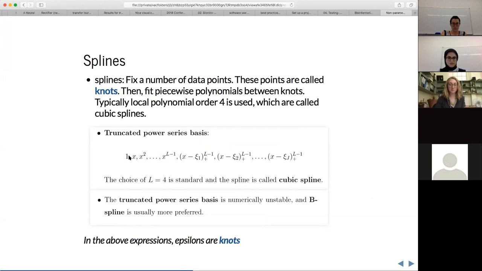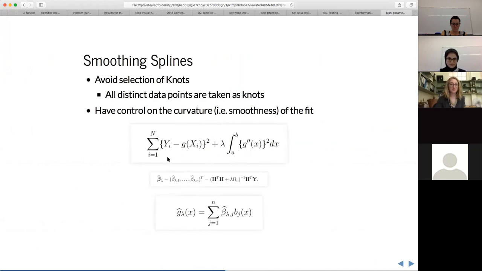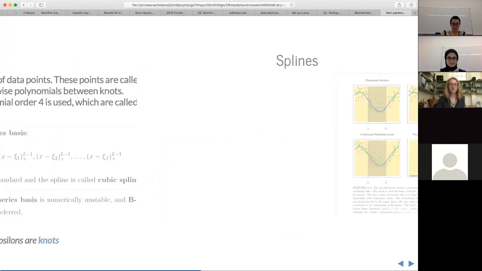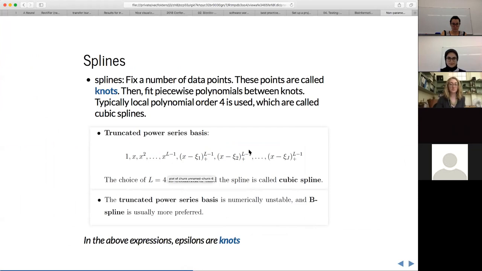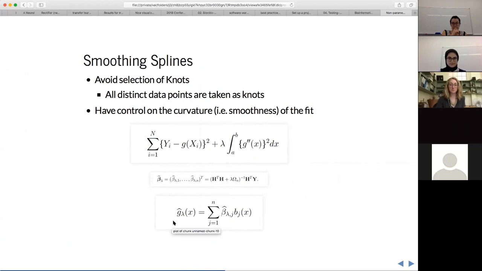So we need to find the coefficients, the beta values, that minimize the sum of squares, which is this one. Once we found those beta estimates, the sum of those times the basis, this is your basis, gives you an estimate of your g hat, which is the minimizer of the sum of squared residuals, or the distance between the estimated fit and the observed fit.